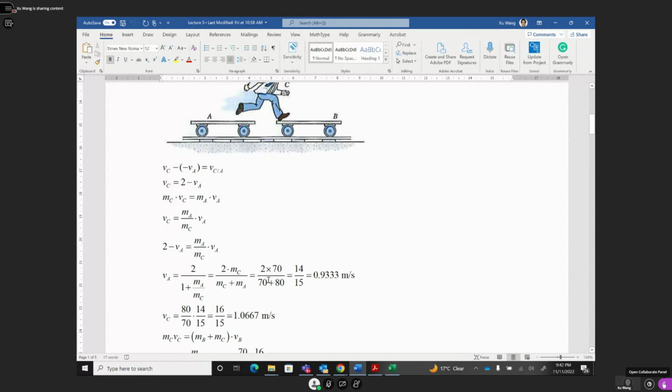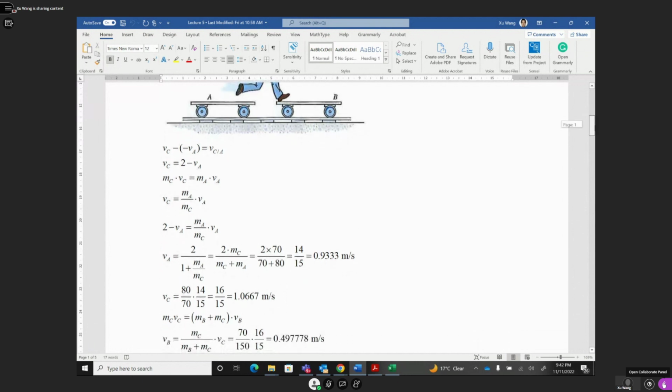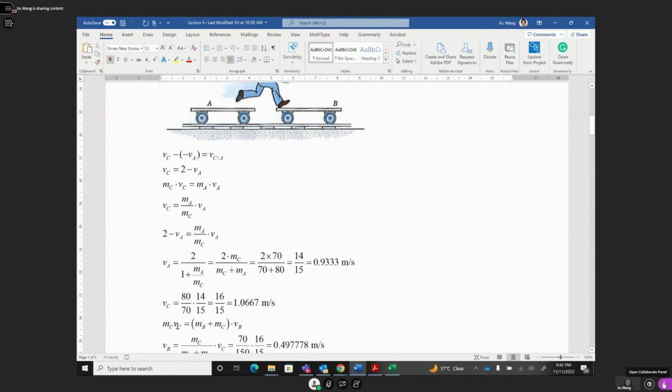After you get V_C and V_A, what happens for V_B? Well, V_B is also by momentum conservation. First, you have M_C V_C, the guy jumped over, before landing. After jumping and landing on car B, M_B and M_C are one piece, and the total mass is multiplied by V_B after landing on car B. Okay, this is momentum conservation.